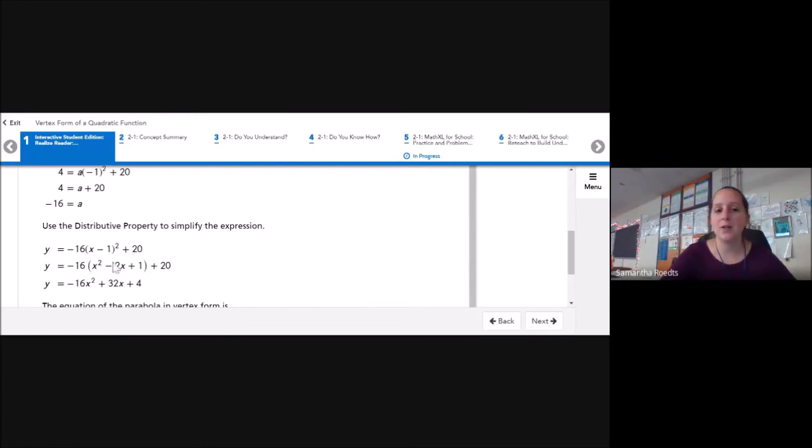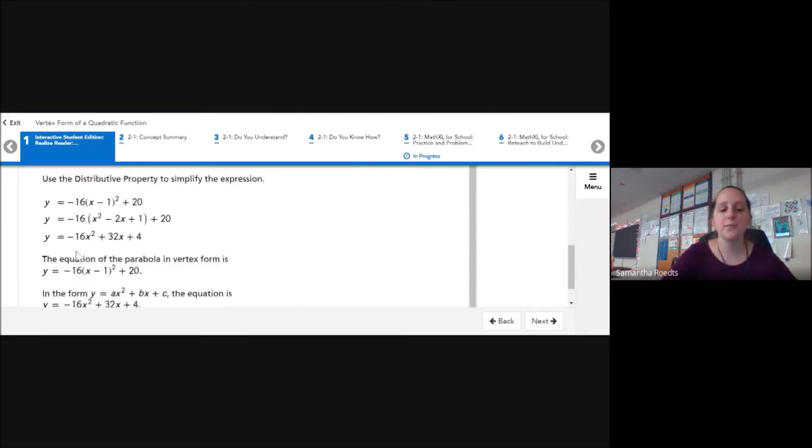I multiply each one of these times -16, and then I simplify. -16 times x squared is -16x squared. -16 times -2x gives me a positive 32x. -16 times 1 is -16, and then plus 20. When I simplify that, I get y equals -16x squared plus 32x plus 4.